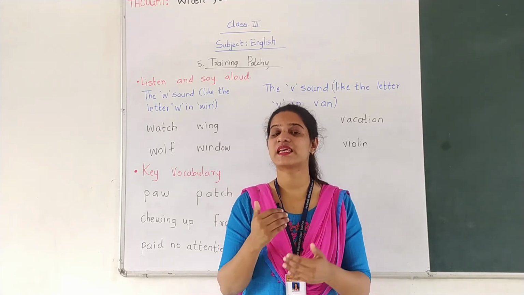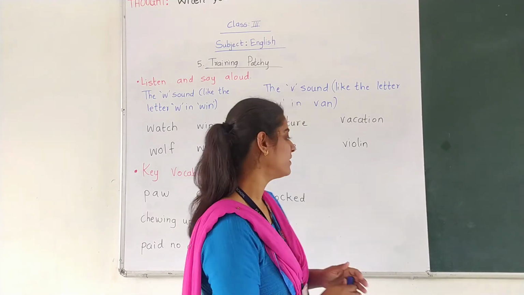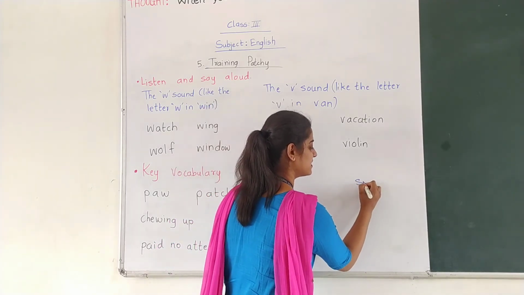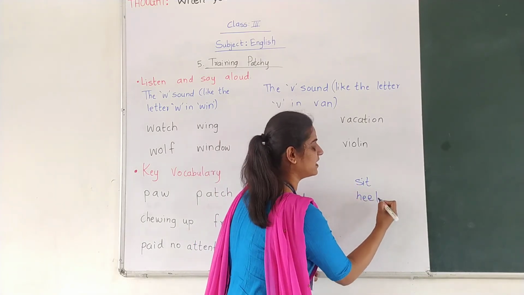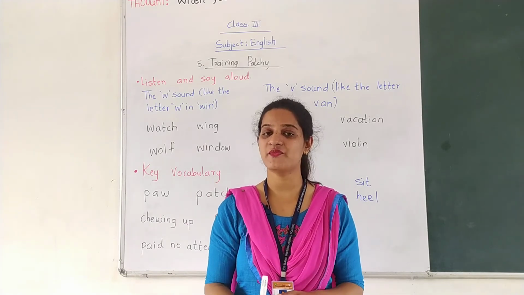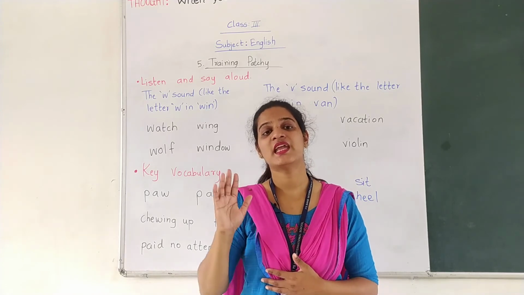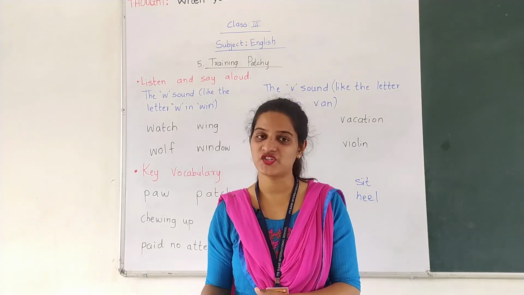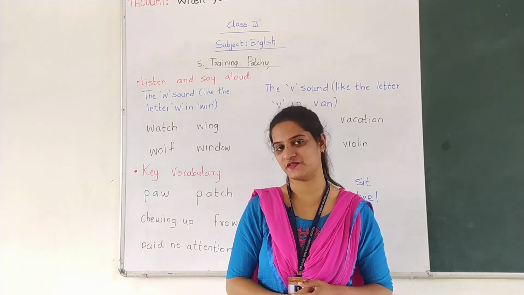Okay. Now second thing, heel. Sit means to sit still. Then heel, H-E-E-L, heel. Now what do you mean by heel? Heel means whenever his master says heel, Patchy has to walk just behind his master.